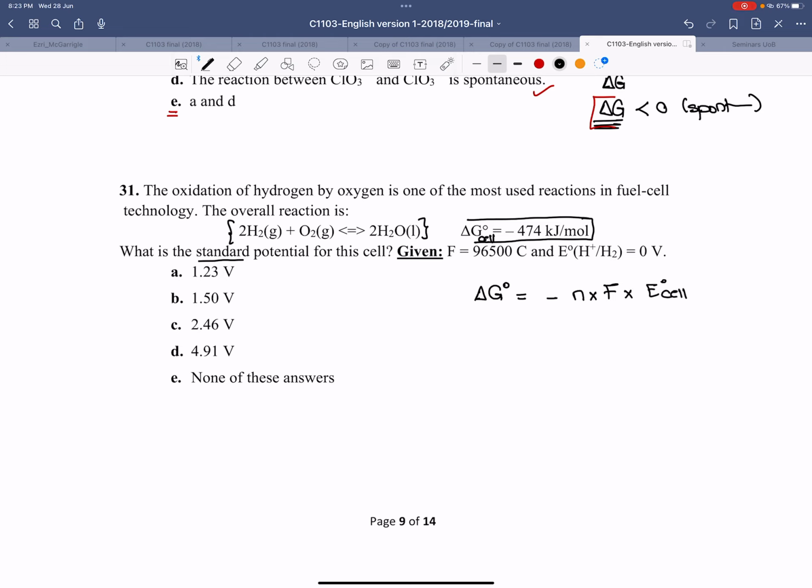A lot of people put delta E0, it's the same thing. When I say E0 of the cell, I do mean E0 cathode minus E0 anode. Good. So delta G0 is basically equal to negative N F E0.